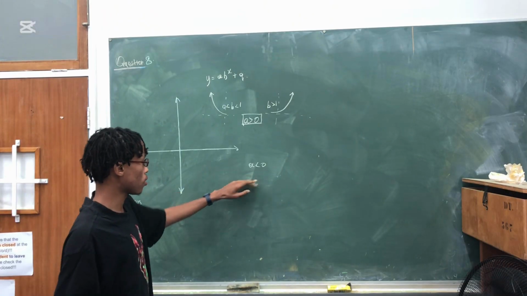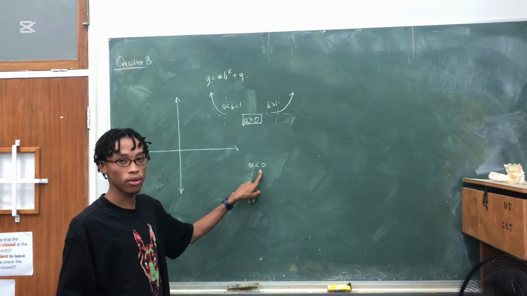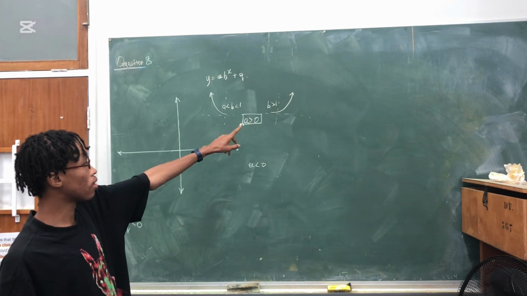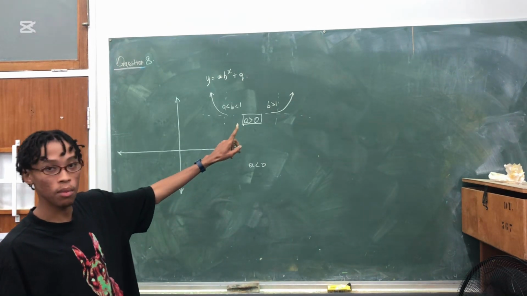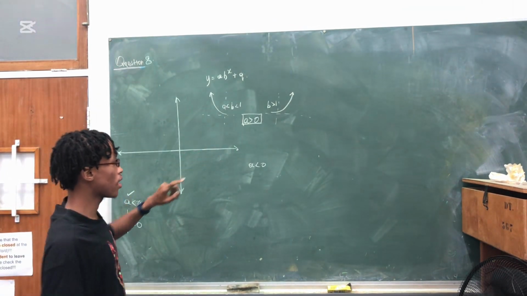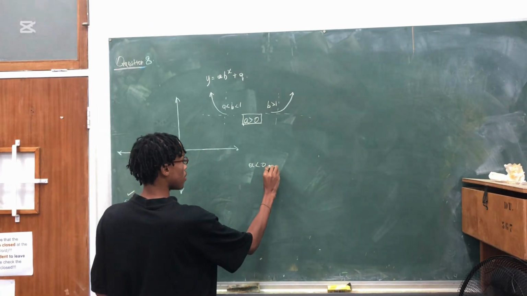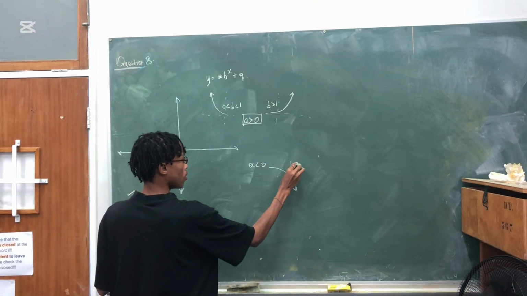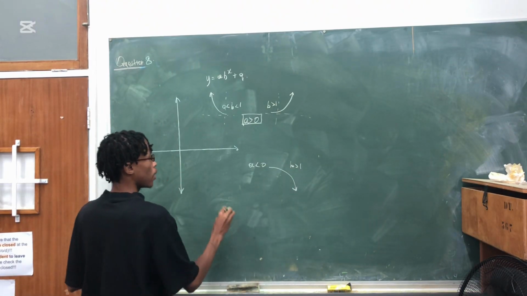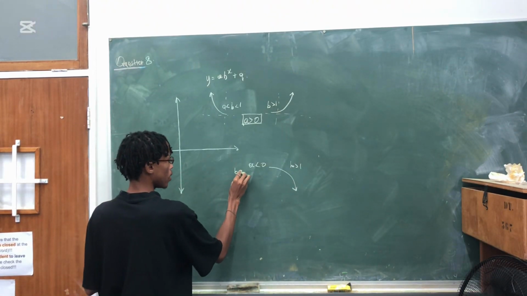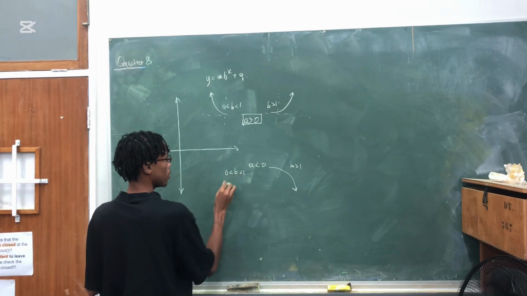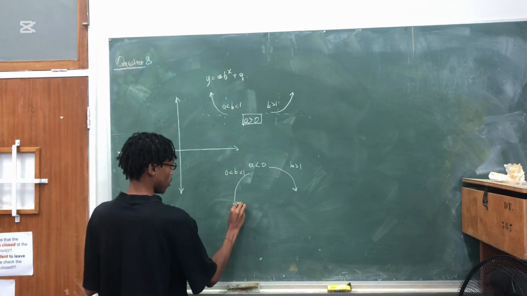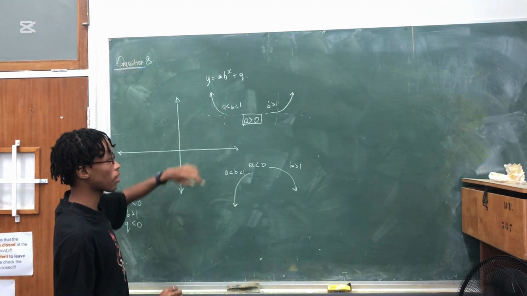And then when we come to the bottom where A is less than 0, negative, we also have the same flow. When B is greater than 1, we just reflect our function. But when B is less than 1, but greater than 0, meaning a fraction, then it's going to be a reflection of that.